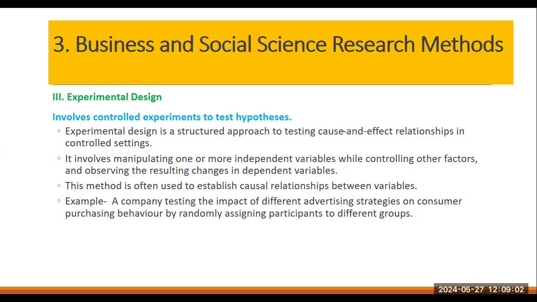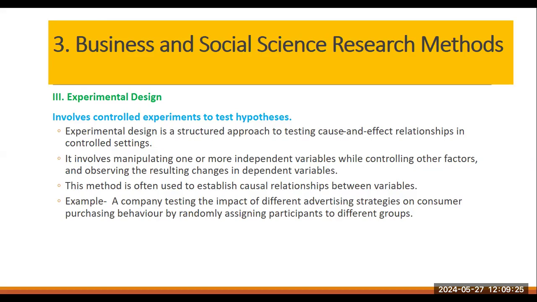Here, normally in the experimental design, the key components, right? So independent variables, and dependent variables, because the independent variable may be the cause and the dependent variable may be the effect. So you should know what independent variables and dependent variables are.